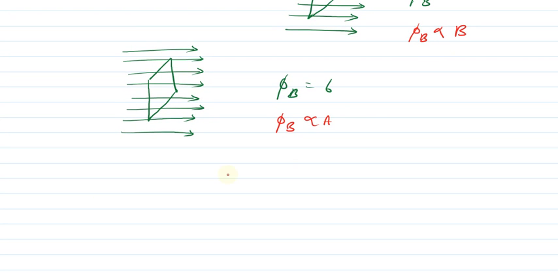From these two results, we can write that the magnetic flux is equal to magnetic field times the surface area, but the actual formula is phi b, that is magnetic flux, is equal to B, magnetic field, times A, surface area, times cos theta.